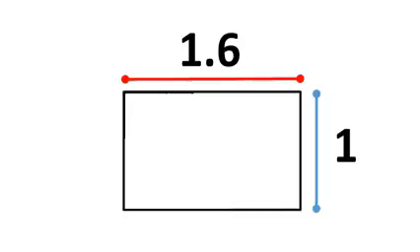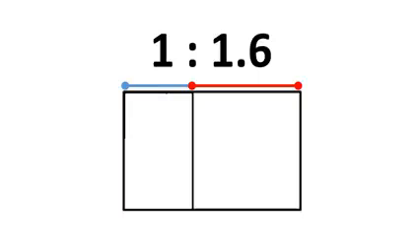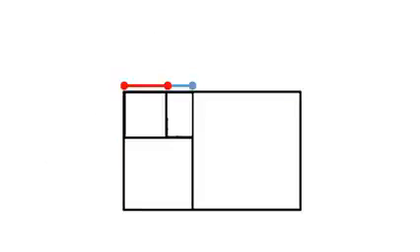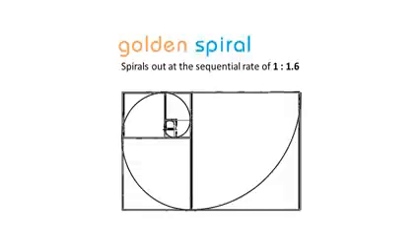So this is what the golden ratio looks like as a rectangle, 1 to 1.6. And if we were to start making incremental golden ratio points within that, we can get an idea of what a spiral looks like when it expands outward at the same measured sequence.